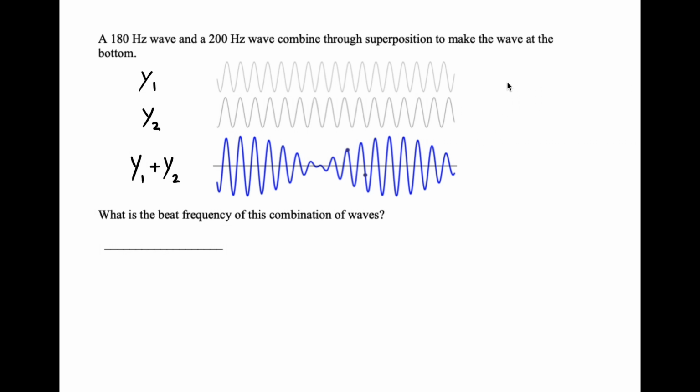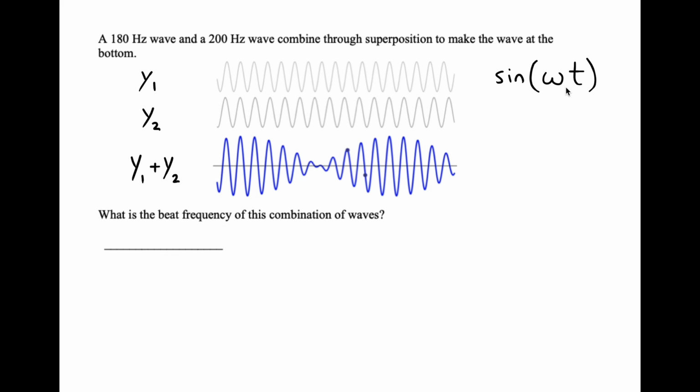We can give formulas to these waves. The generic form of a sound wave could be a periodic function times omega, which is the angular frequency, times a variable t, which is time.